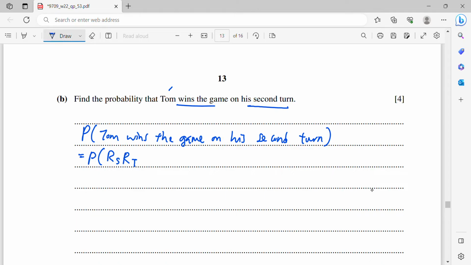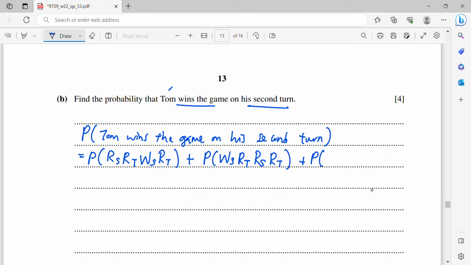Then after that, Sam cannot take red because otherwise Sam will be the winner. So white from Sam and red from Tom. Or maybe, okay, white from Sam, red from Tom, then red from Sam, red from Tom.